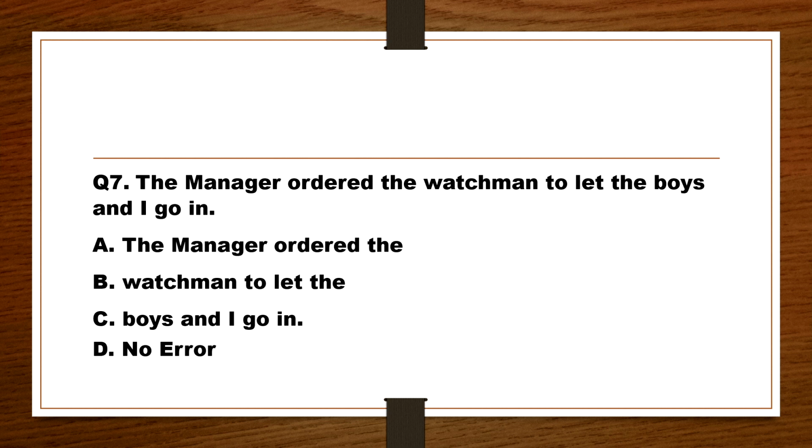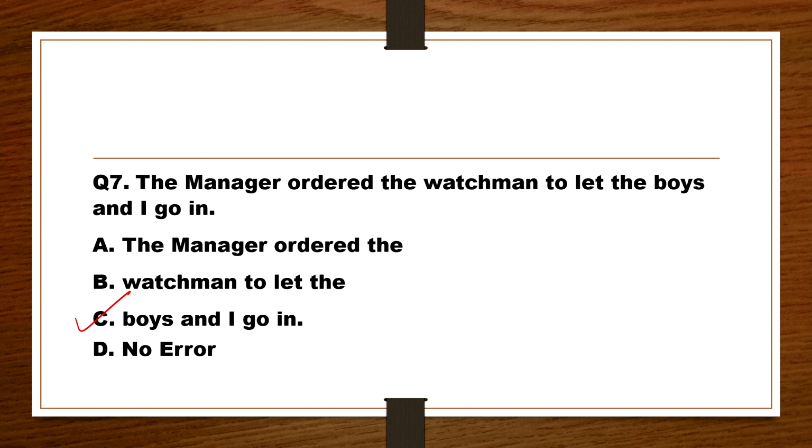So, is it done? Now, let us see. The manager ordered the watchman to let the boys and I go in. So, the correct answer is option C, boys and I go in.